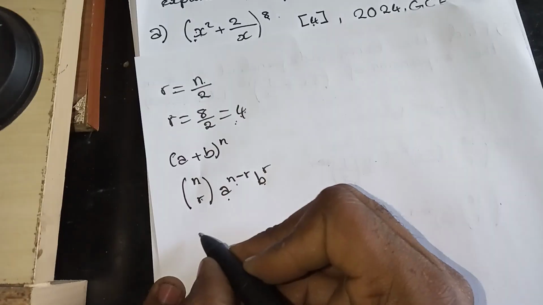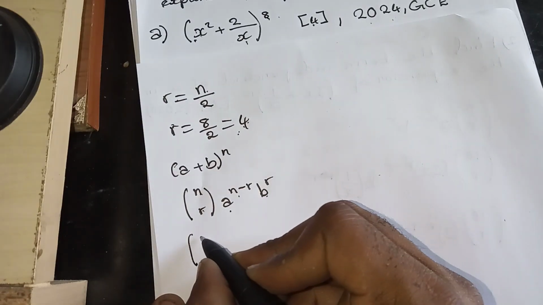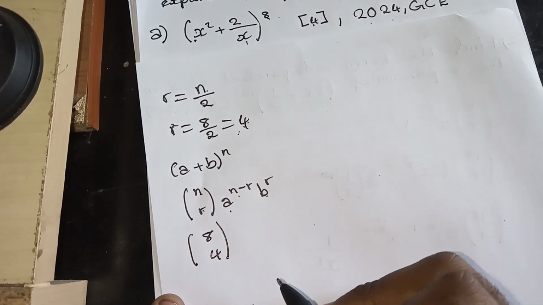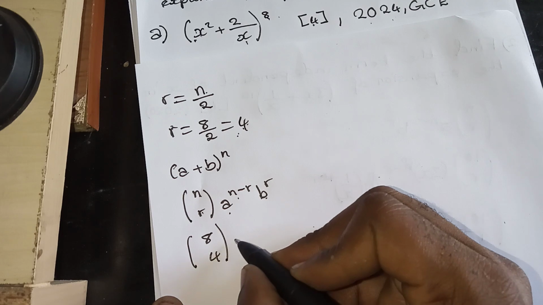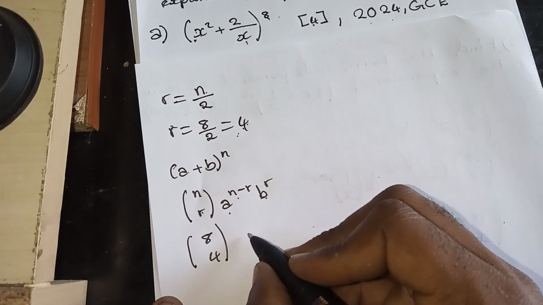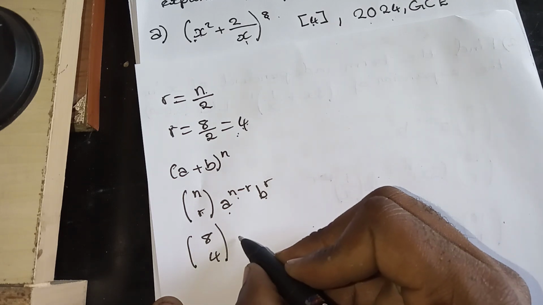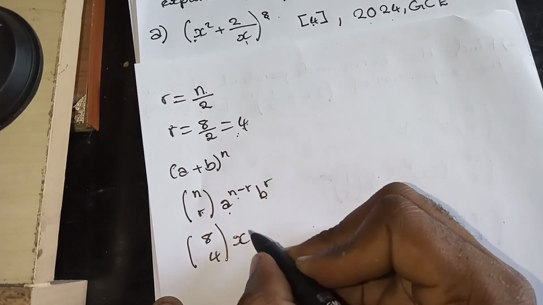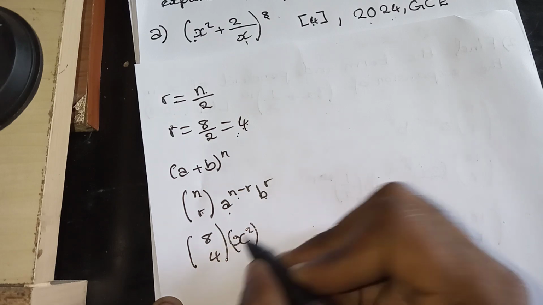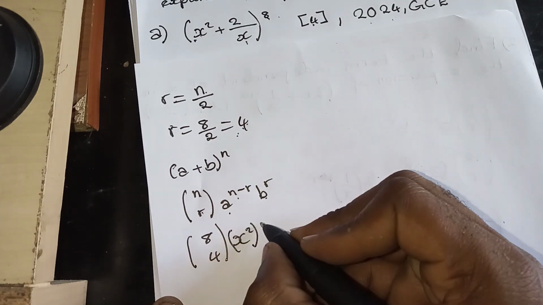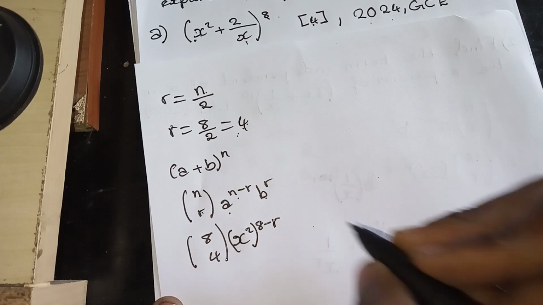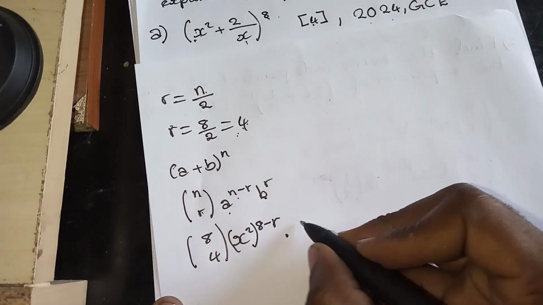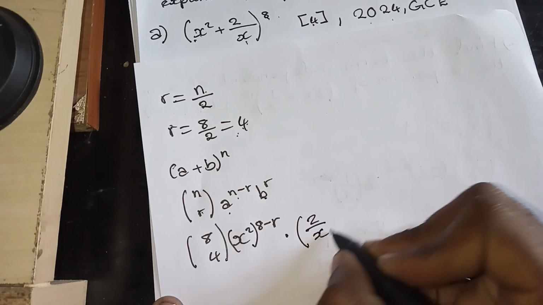So we can say 8, then 4, and the middle term is actually, okay, our x there, and then we have our 8 minus r, multiplied by our b, which is 2 over x.